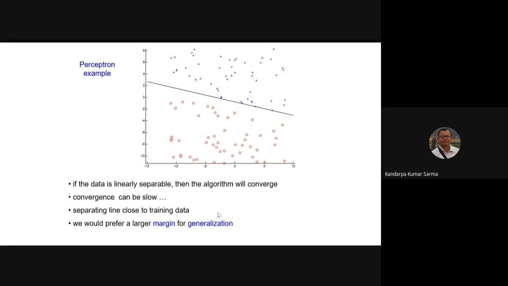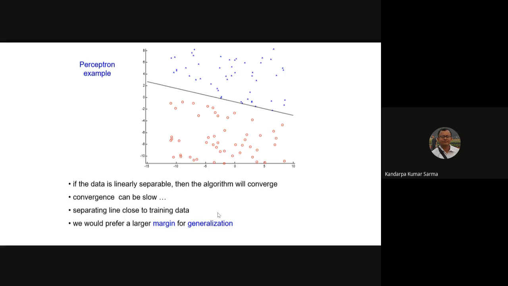Now here, the most common thing we see is that the resultant classification shows us linear separability. We will find that the algorithm will slowly converge, with the separating line close to the training data.